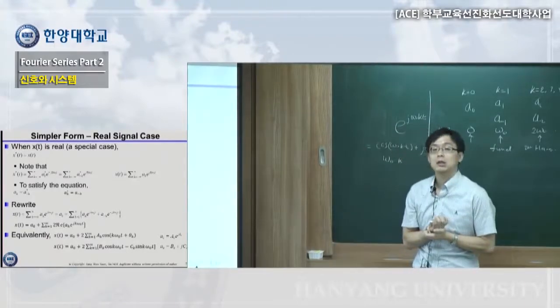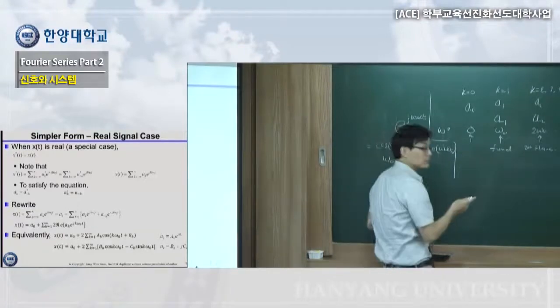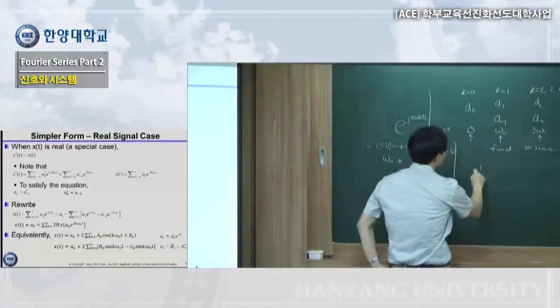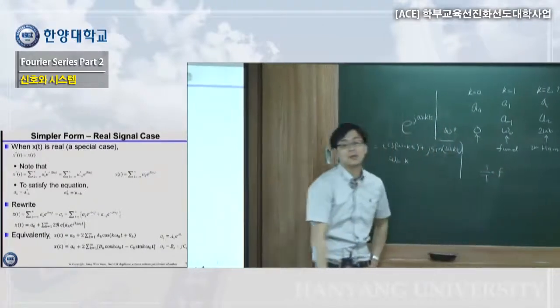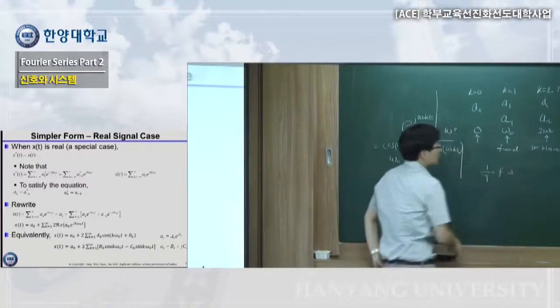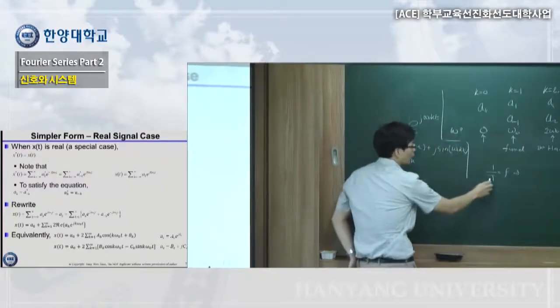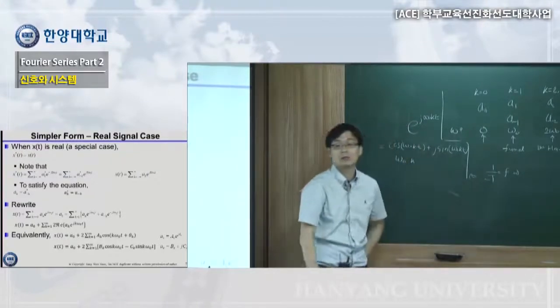Because frequency is 1 divided by period, if frequency is 0, then the period will be infinite. That means they never go back to their value.